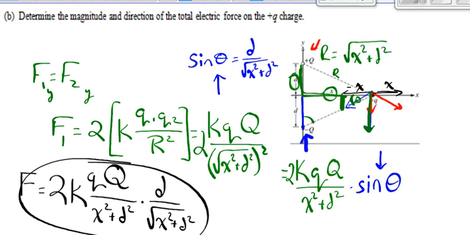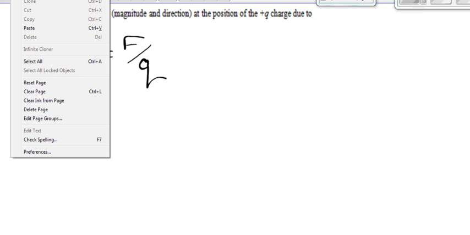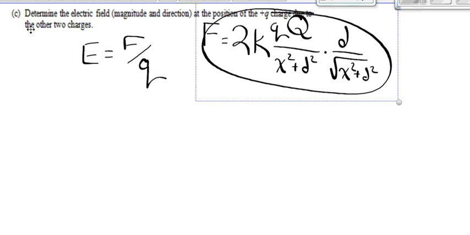Now, letter C says, well, now we have to determine the electric field magnitude and direction at the position of the positive Q charge due to the other two charges. Well, E is equal to F over q, right? Well, that's not a problem because last time we solved F, we got that huge long thing over here. So basically, you're going to take this whole thing and you divide it by q.